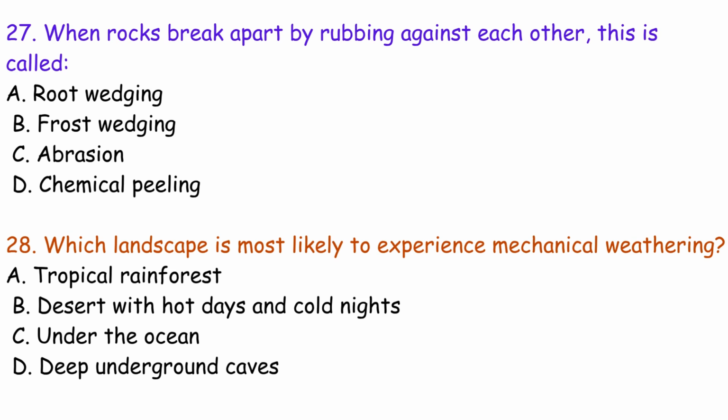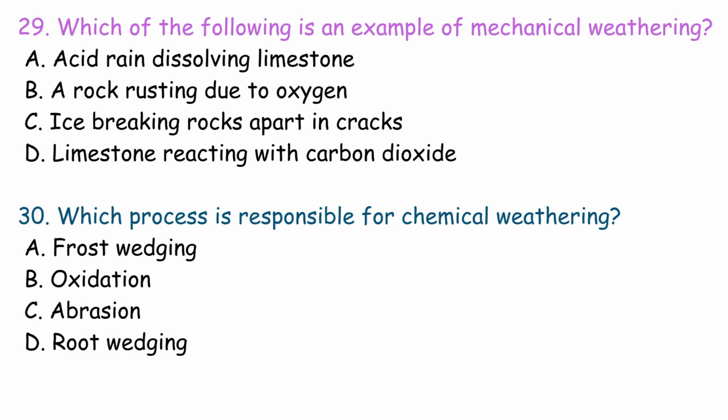28. Which landscape is most likely to experience mechanical weathering? A. Tropical rainforest. B. Desert with hot days and cold nights. C. Under the ocean. D. Deep underground caves. 29. Which of the following is an example of mechanical weathering? A. Acid rain dissolving limestone.